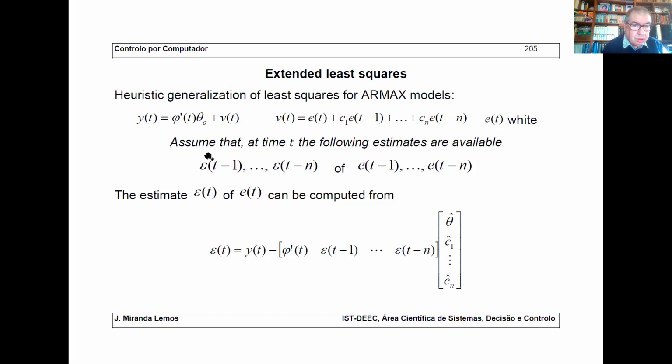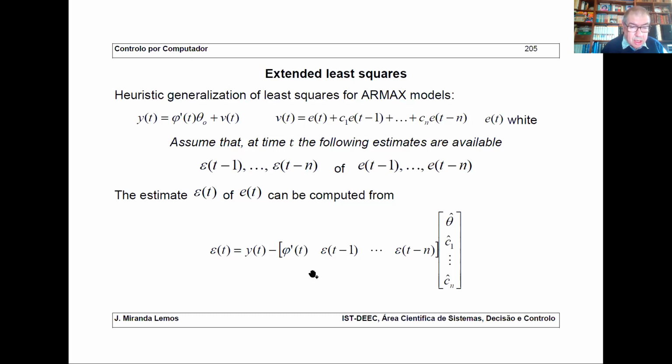Now, suppose that at time t we have some estimate that I call epsilon. So the sequence E of t minus 1, E of t minus 2, up to E of t minus n is approximated by some signal that I know, called epsilon of t minus 1, and so on up to epsilon of t minus n. One possibility to do this estimate is to define it as the prediction error of y.